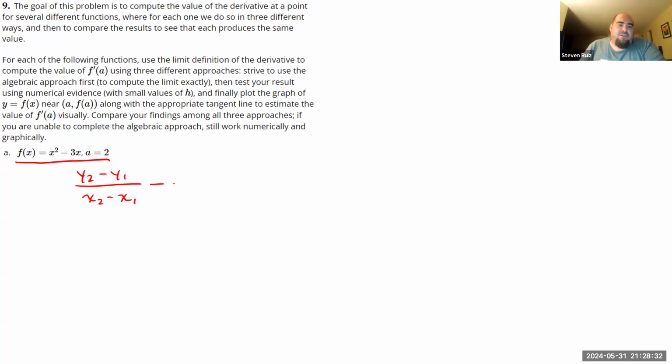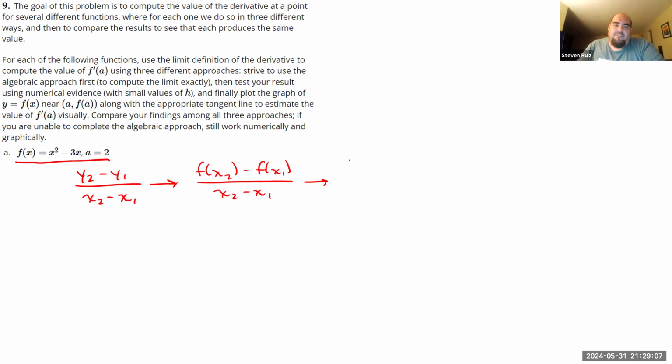If we put that in function notation, what we have is f of x2 minus f of x1 over x2 minus x1. If we keep trying to compact this, maybe I don't want to look at two different x values. Maybe I just want to think about a single x value and the distance between those x values.